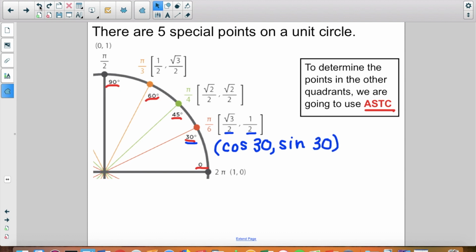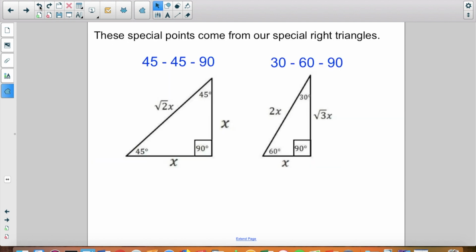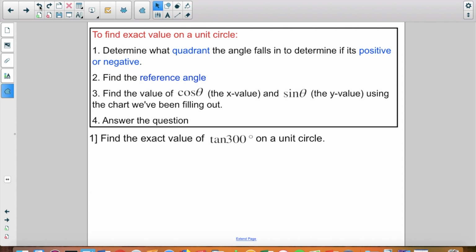If you refer back to the chart, the cosine of 30 was radical 3 over 2, and the sine of 30 was 1/2. That's how they got those values. The same applies for all the rest of them. Those special points actually come from our special right triangles.